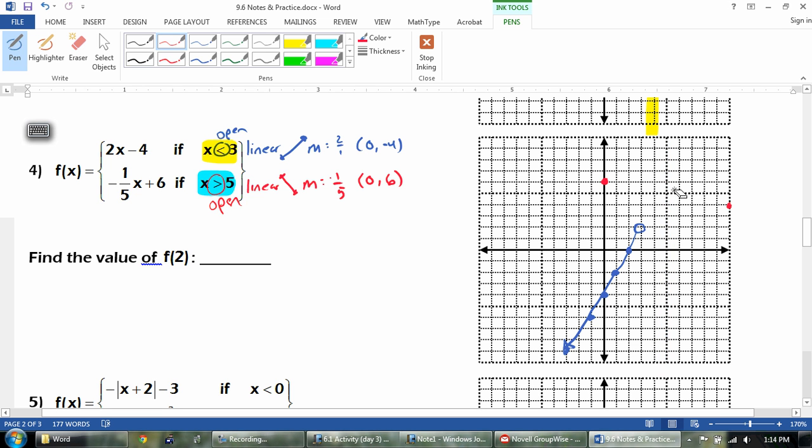So when I go to that middle one, I'm going to make sure it's open. And I can only have this information that is going to the right. I don't need that original point. That's why it's very important to pay attention to what the domain restrictions are. All right, last one, find the value of f of 2. Well, at 2, our answer is 0.